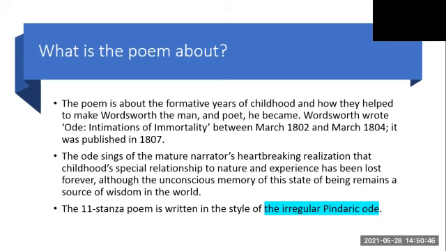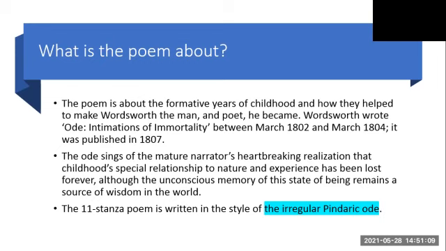The 11 stanza poem, I told you, it consists of 11 stanzas. This poem is written in the style of the irregular Pindaric ode. Now, we have seen the term ode in the title. You see, ode, intimations of immortality.